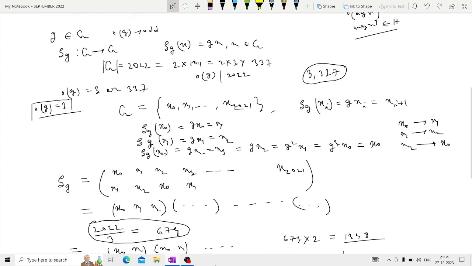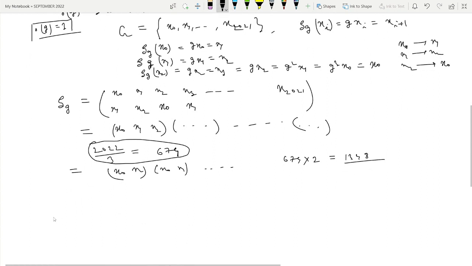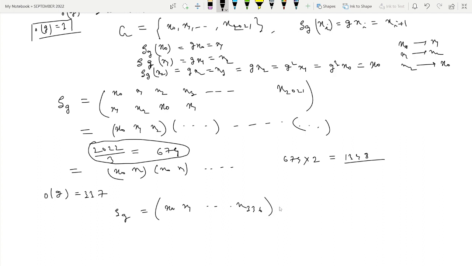And in exactly a similar case, when we suppose that the order of G equals another odd divisor, that is 337, in exactly a similar manner we will get Sg in the form x0 x1 dot dot x336, and similarly there are other cycles of length 337.